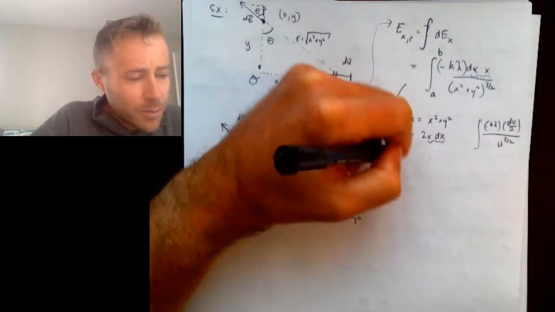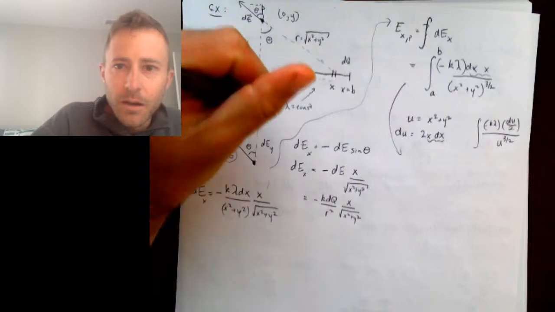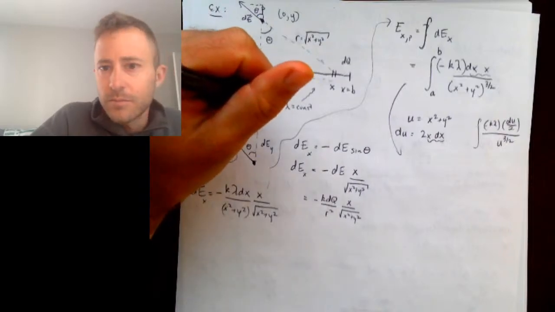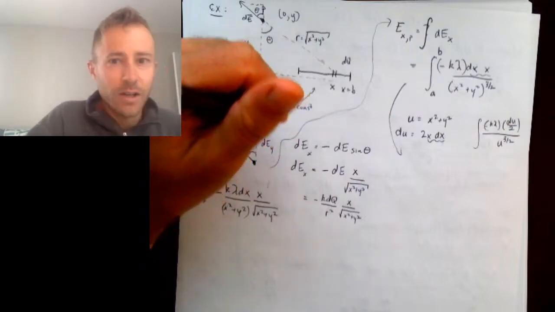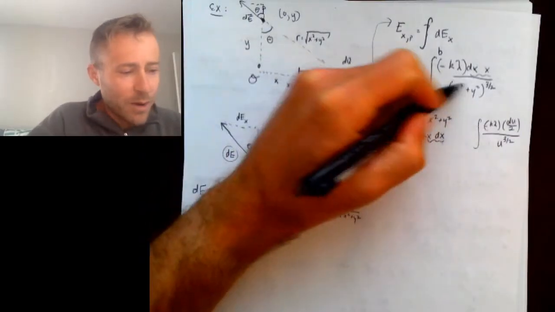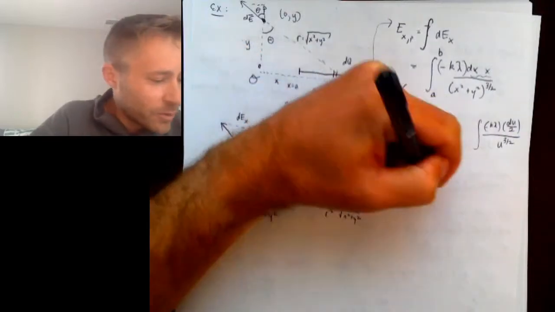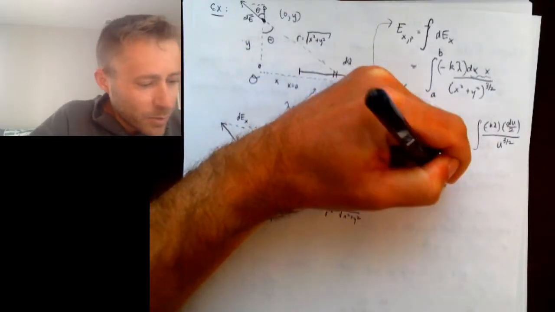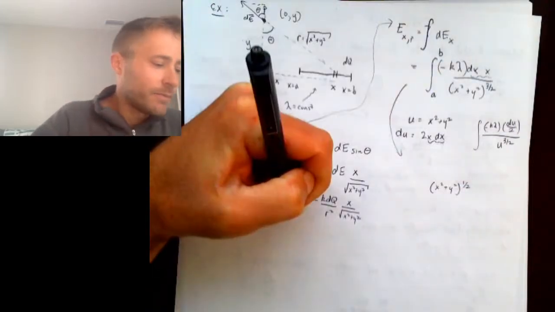What I like to do when I'm doing integrals is just flat out guess, and check. I know that this power is going to get raised by 1, so it's got to be something like x squared plus y squared to the negative 1/2.